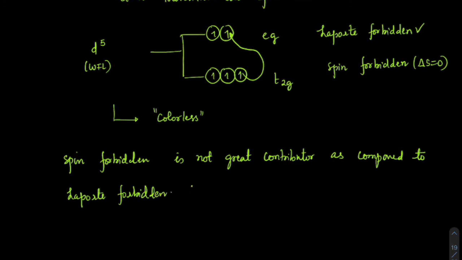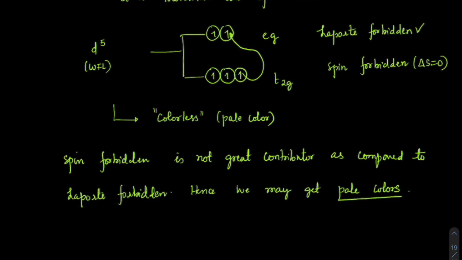So hence, in case we have D5, we may get pale colors or colorless. I guess this point is clear, beta.